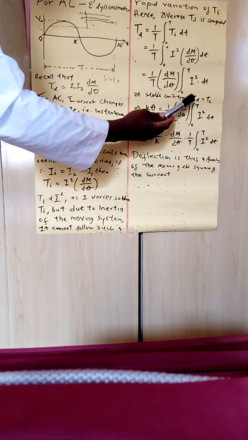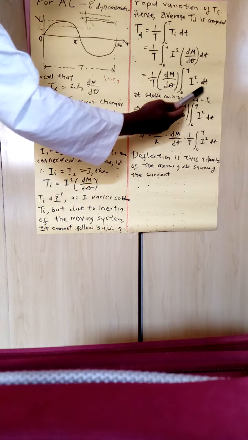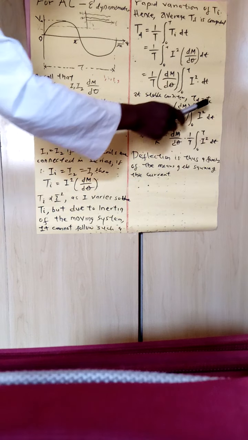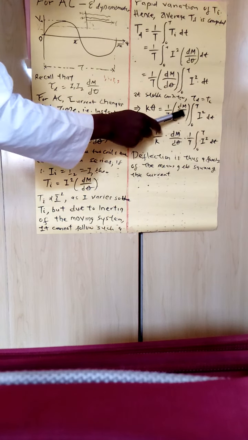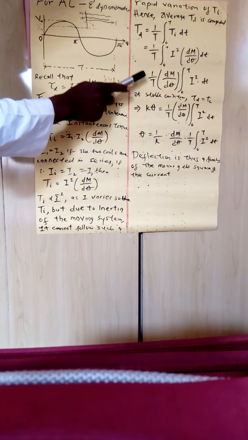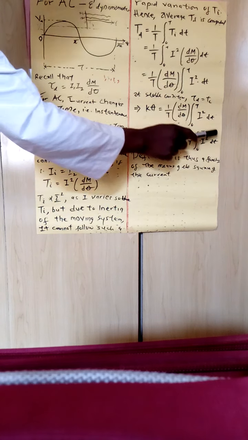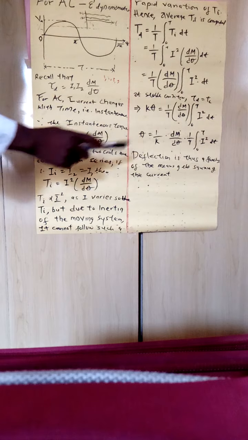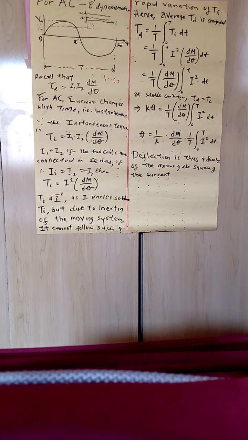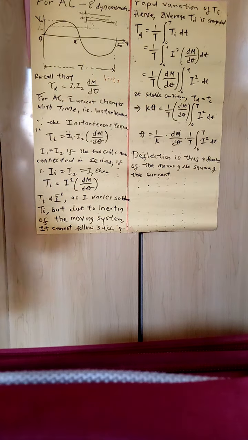So TD is equal to TC at stable condition, and that implies TC equals Kθ, equals our TD here. By the time you do all of this, you end up having θ equal to the whole of this, and this is exactly the deflection as a function of the mean of the square of the current.